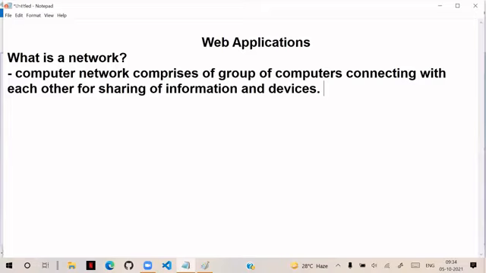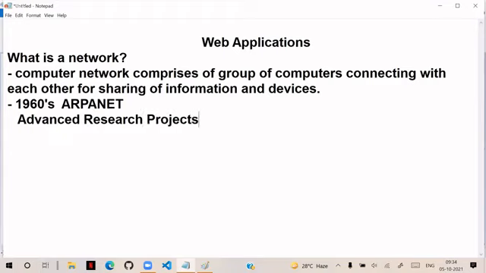Actually, the first computer network was introduced in the early 1960s. The first computer network was ARPANET. ARPANET is actually Advanced Research Projects Agency Network.